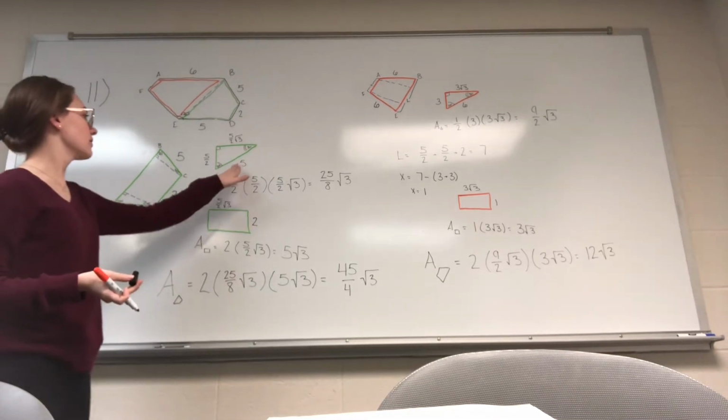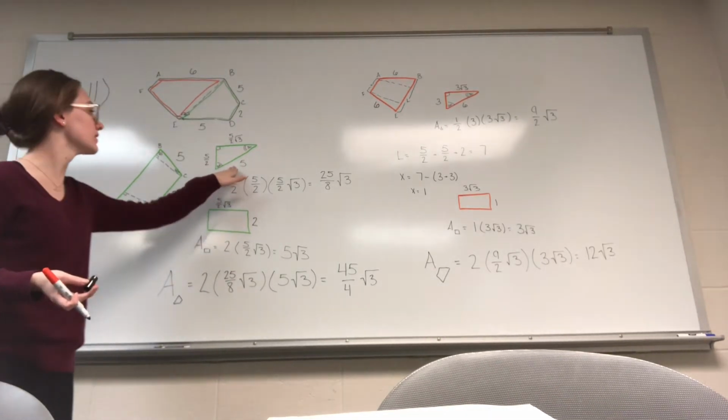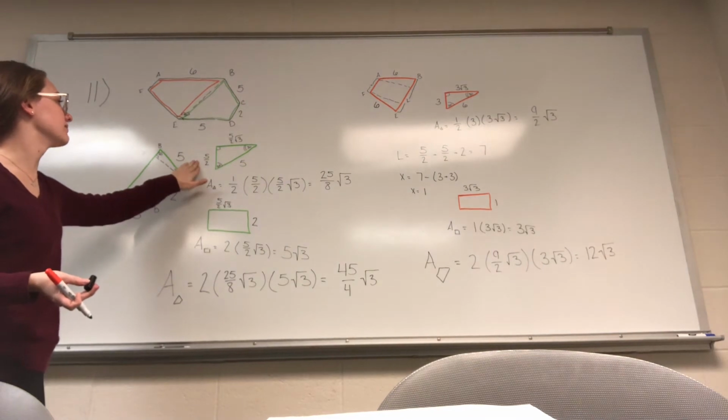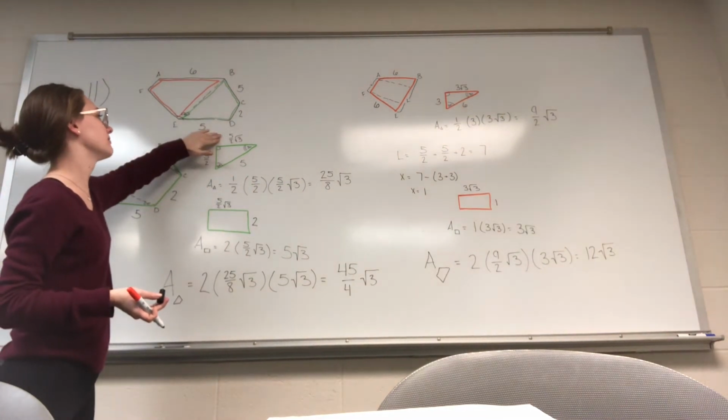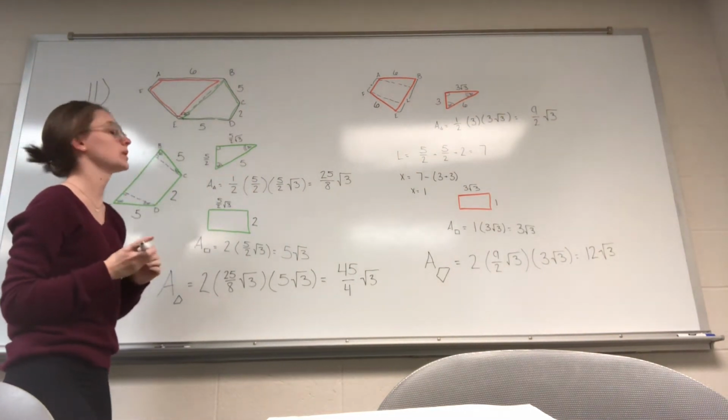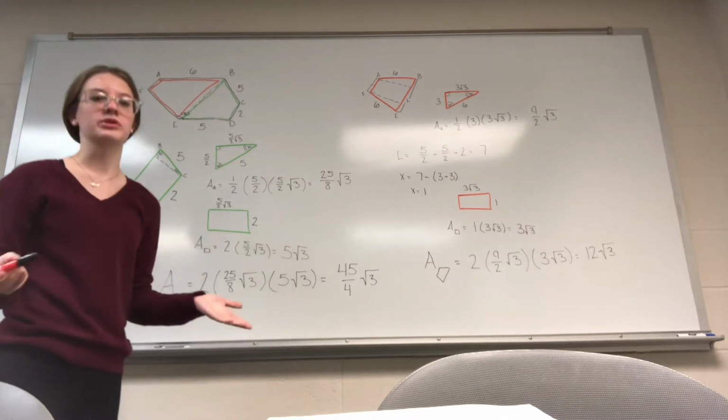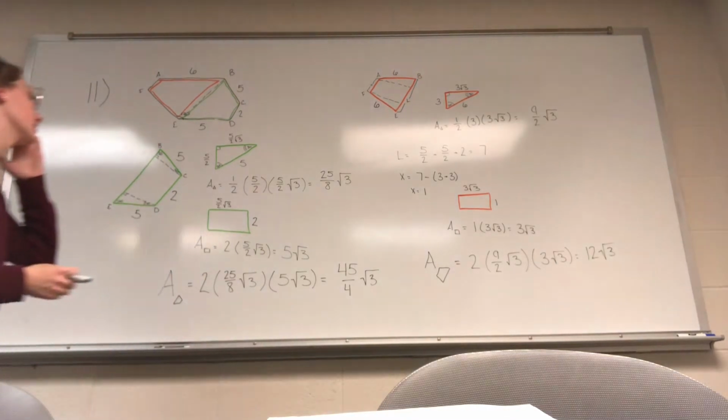We know this side is 5, so this side would be 5 halves, and this one would be 5 halves square root 3, because of the properties of a 30, 60, 90 triangle.